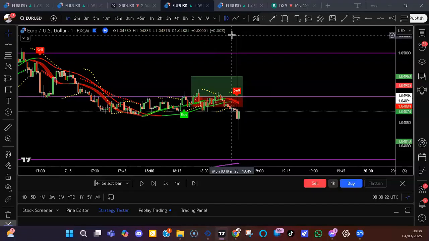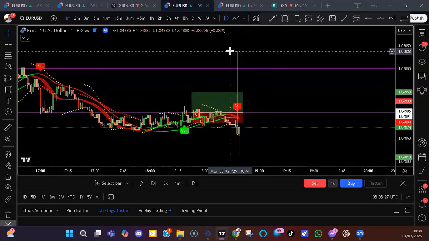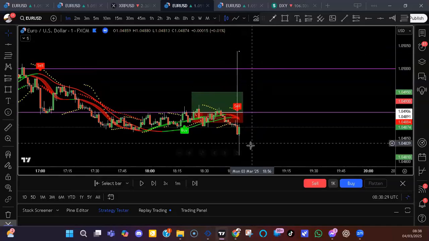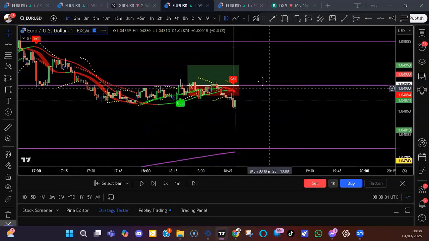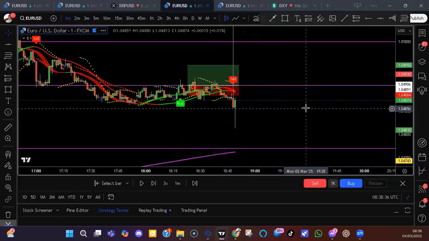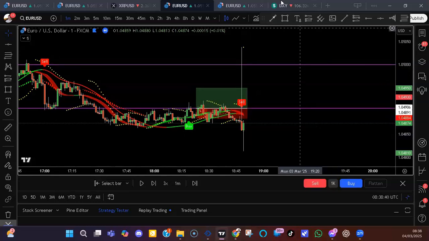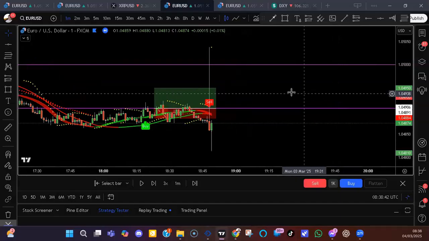That's a 20 pip move within 2 minutes. Wow, that's some manipulation going on there.